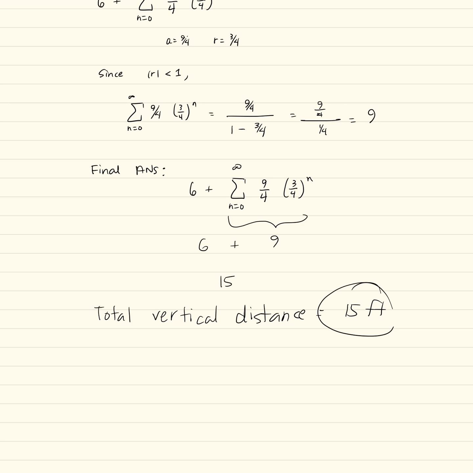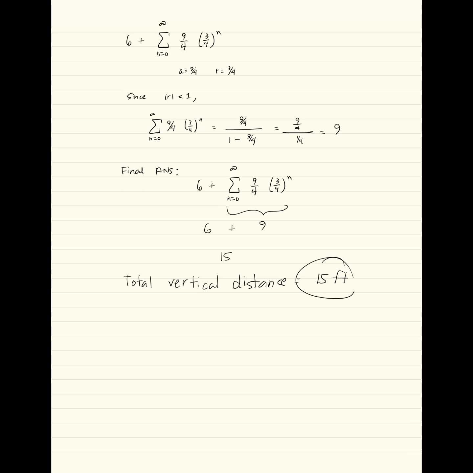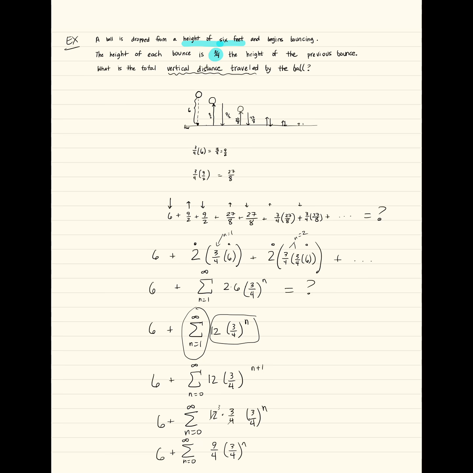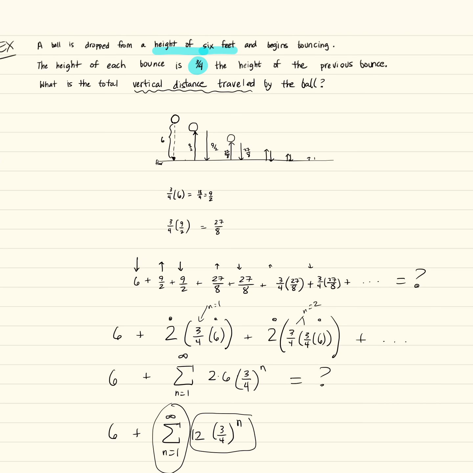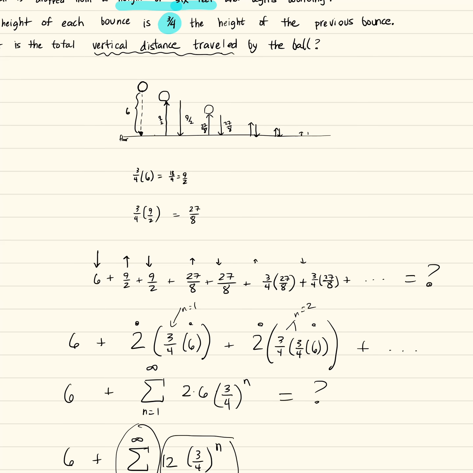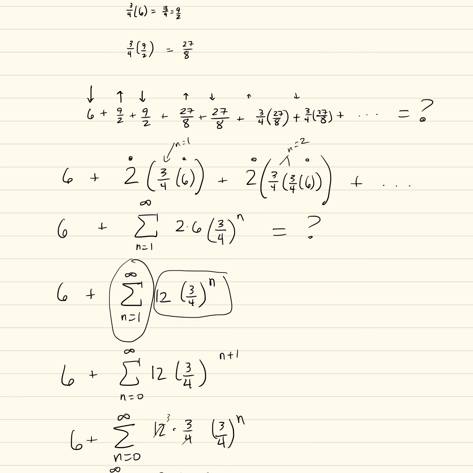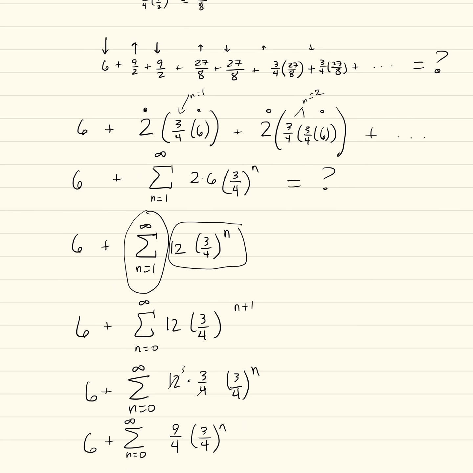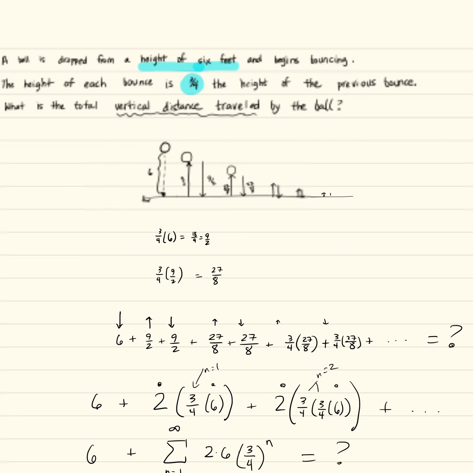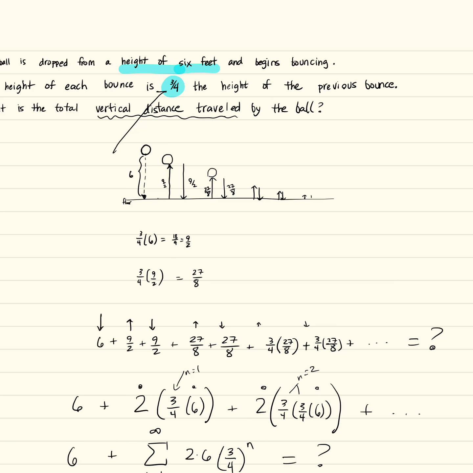So this word problem gives us an idea or an intuition about why r is called the ratio. In this case, ultimately our r was equal to 3/4, right? Because that is the ratio of one term to the next.